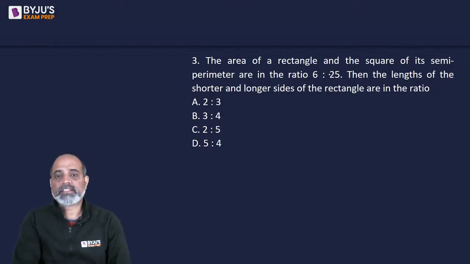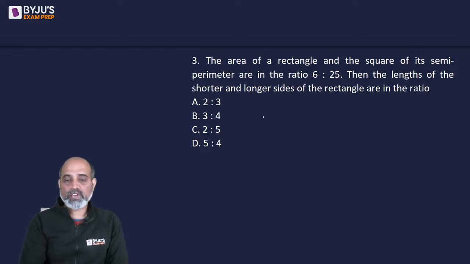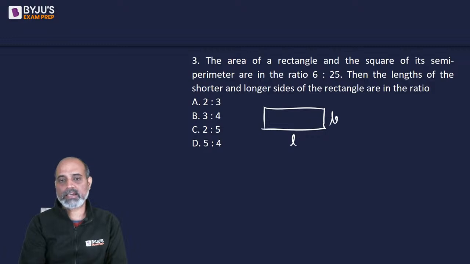Next one. The area of a rectangle and the square of its semi-perimeter are in the ratio 6:25. The lengths of the shorter and longer sides of the rectangle are in the ratio? So if we have a rectangle with length, let's say L, and B as the breadth, the area is given as L into B, and the square of its semi-perimeter.